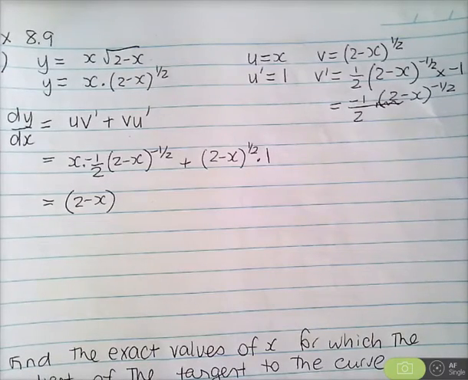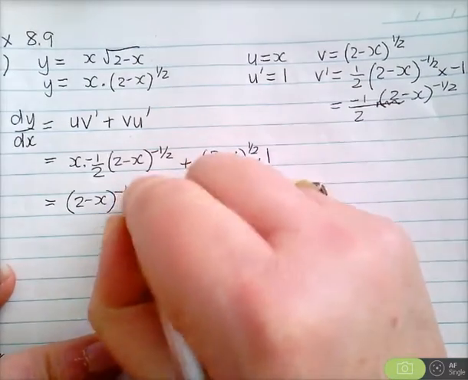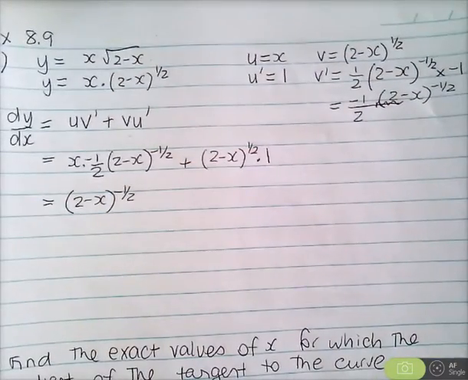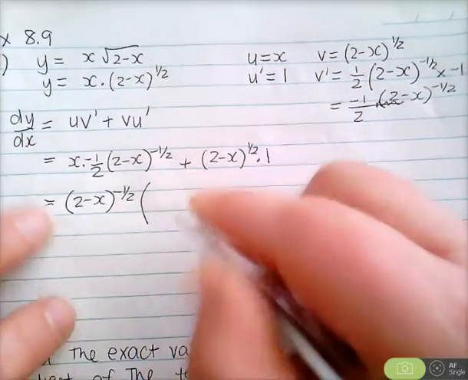Negative a half is smaller than positive a half, and the difference between them is 1. So it's the negative a half you pull out. Because if I had 2 minus x squared and 2 minus x cubed, you'd pull out 2 minus x squared. So you pull that out.